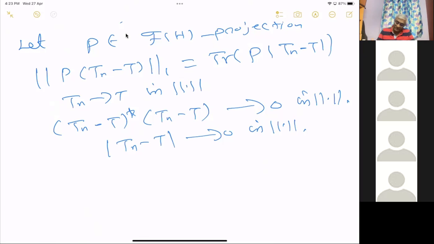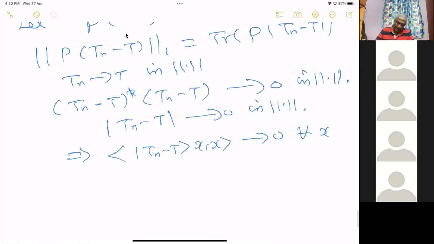So that converges to 0 in norm. This implies |Tn - T|x converges to 0 for all x, right? So in particular, you can take finitely many of them, finitely many operators. So that is precisely equal to this.